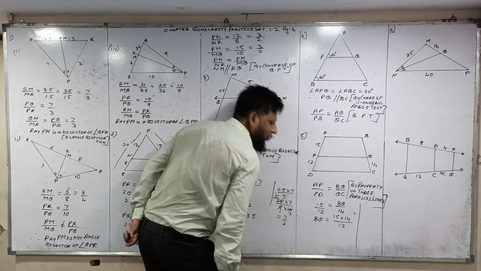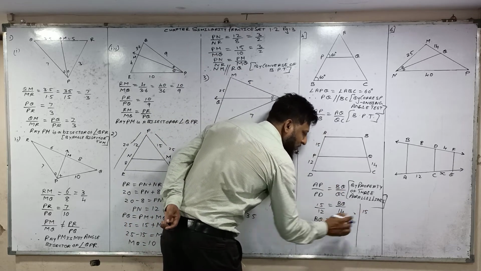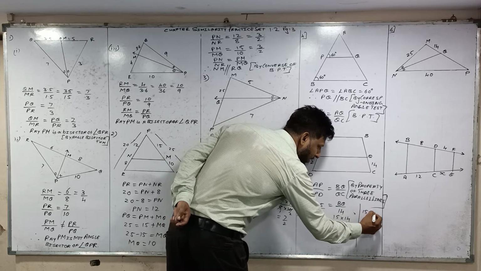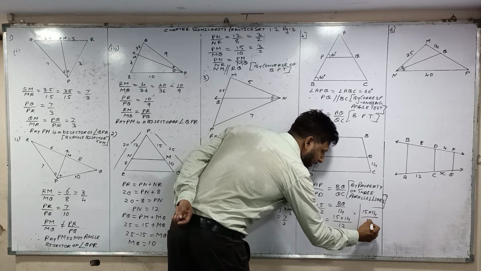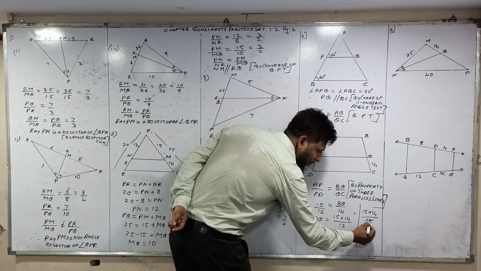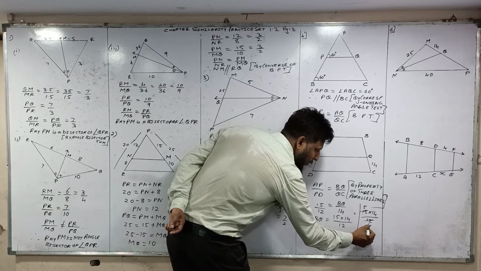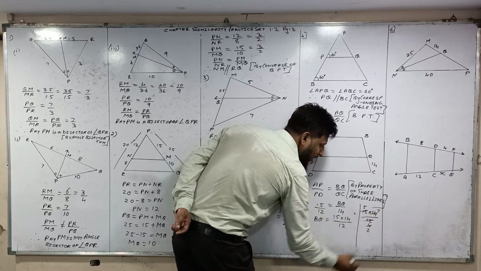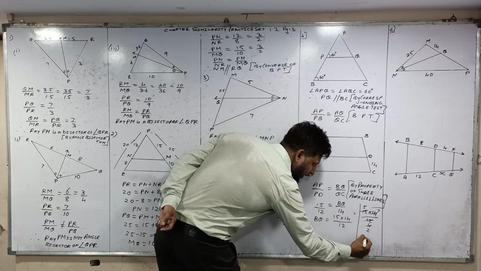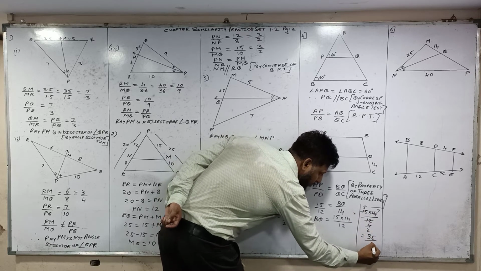Do the cancellation in rough. Don't do the cancellation in the sum itself, just draw a rough diagram and do the calculation. Now 3 4s are 12, 3 5s are 15, 2 2s are 4, 2 7s are 14. So you will get 5 7s are 35 upon 2.